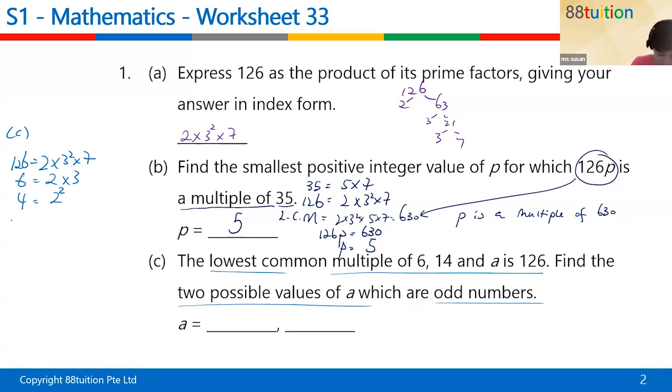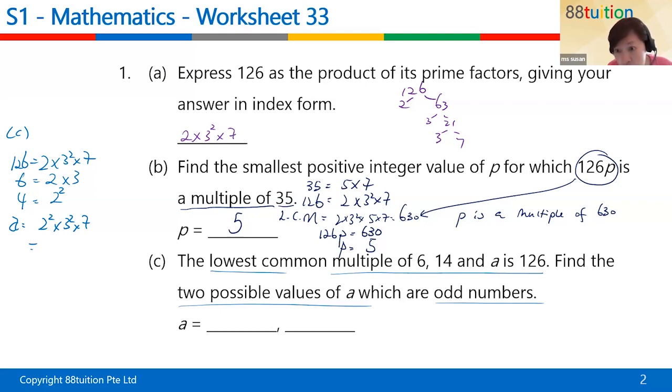Common multiple. So A could be 2 to the power of 2, 3 to the power of 2, and times 7, where you get your 252. I should get down to this. But then he wanted an odd number.